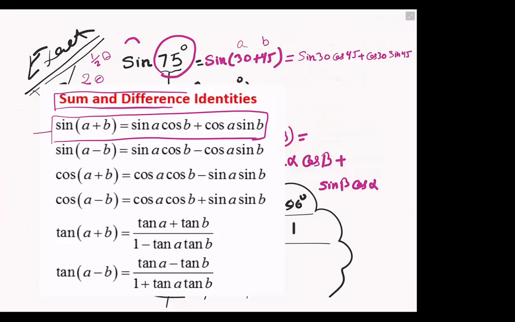So we just follow this formula. We don't come up with any new rule. Sine of 30 in our table or unit circle is 1/2, cosine of 45 is radical 2/2, plus cosine of 30 is radical 3/2 times sine of 45 is radical 2/2.